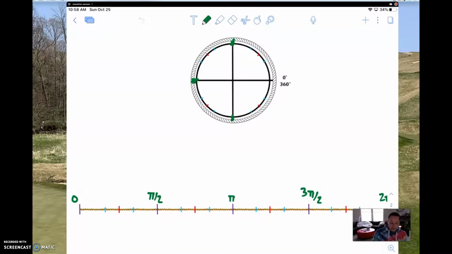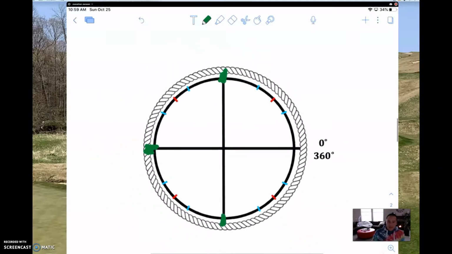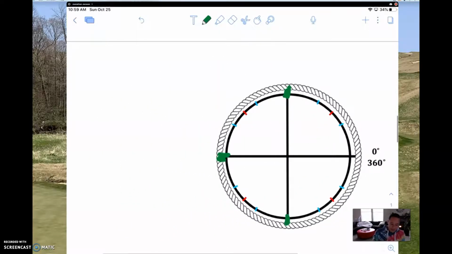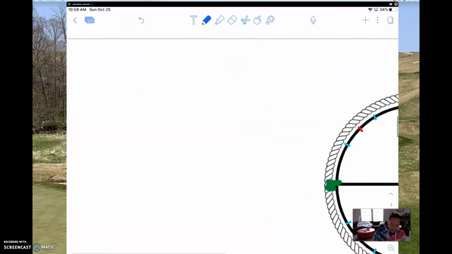All right. So now what I'm going to do is look at all of these blue marks over here. So all of these that are in light blue, every one of those represents a 30-degree increment. So let's take some of what we learned last video. We have 30 degrees, and I want to convert this into radians.